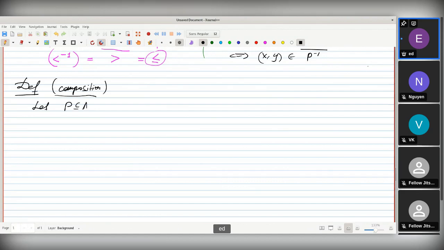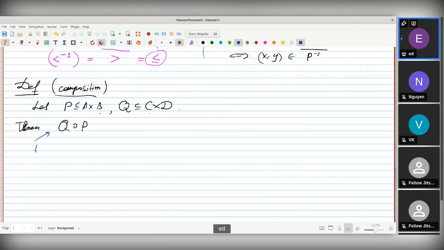Let P be a binary relation between A and B, and Q be a binary relation between C and D. Look, there is no assumption that B equals C. Then I shall consider the following. P composition Q from the right to the left.